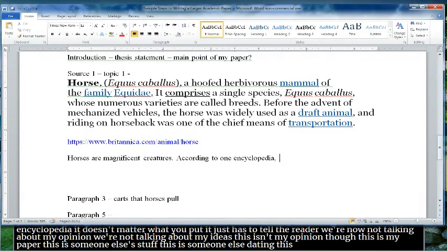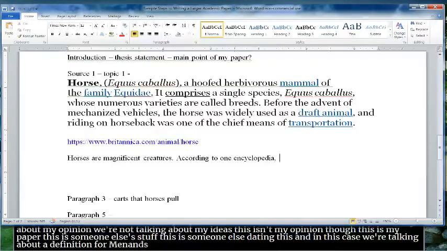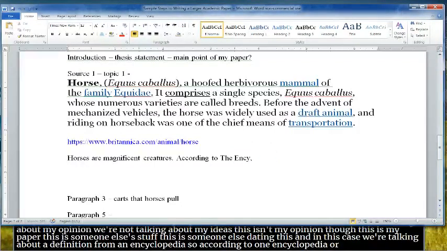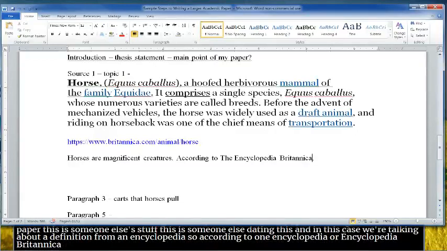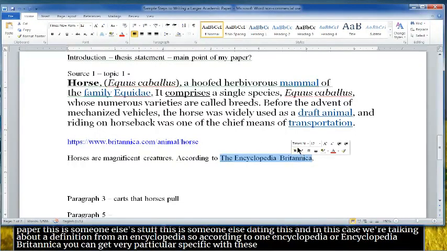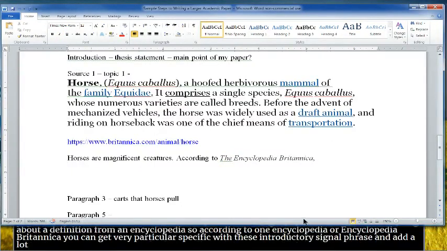And in this case, we're talking about a definition from an encyclopedia. So, according to one encyclopedia, or the Encyclopedia Britannica, you can get very particular, specific with these introductory signal phrases and add a lot of words.